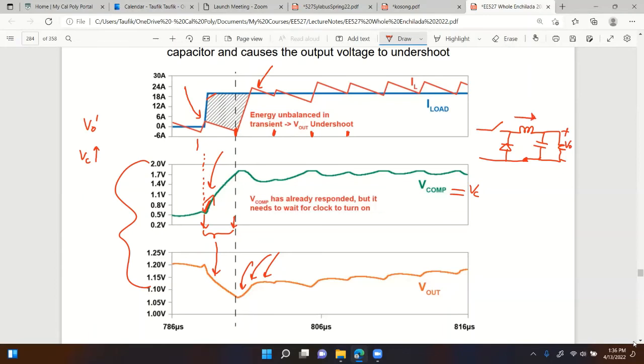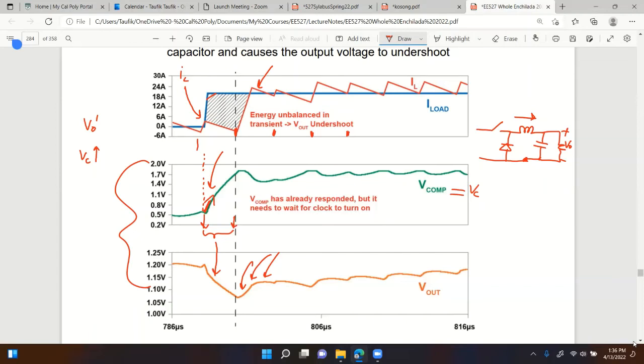The resistor on the output says, give me more current, inductor. But the inductor cannot do that. Why? Because of the clock. The inductor says, wait, I have this clock that I have to follow. I have to wait until the clock starts again.